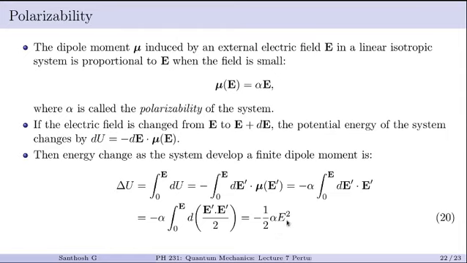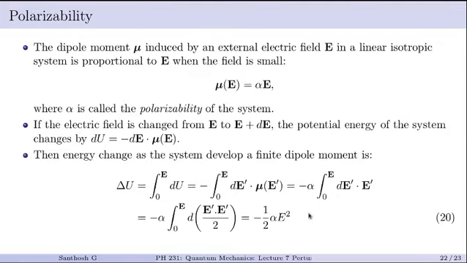So if you have a linear isotropic material in an electric field, a dipole moment will be induced, and as a result it will undergo a change in energy equal to minus half alpha E square, where alpha is called the polarizability of the system.